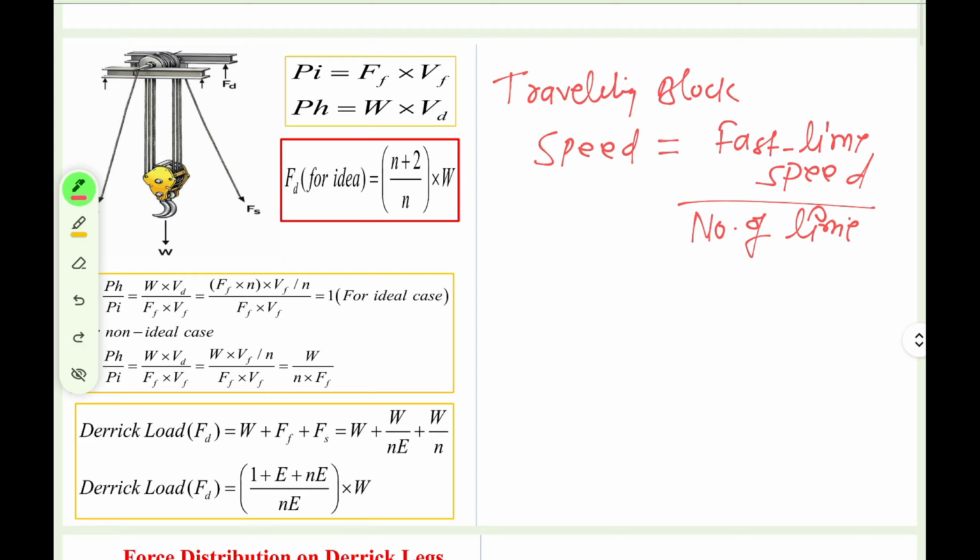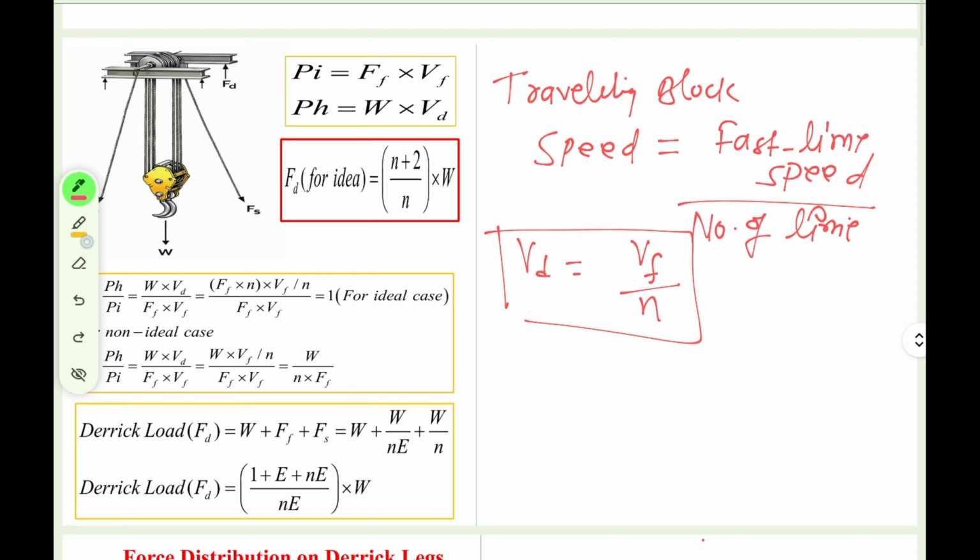So we write the traveling velocity as Vd, the fast line velocity as Vf, and n is the number of lines: Vd = Vf / n. Remember this relationship, it is very important while solving this calculation.